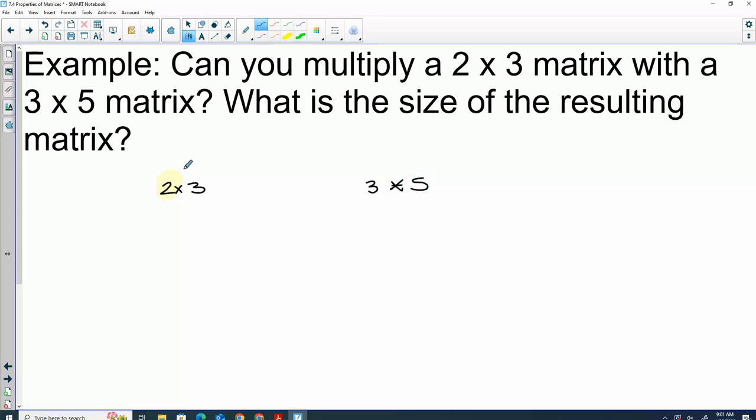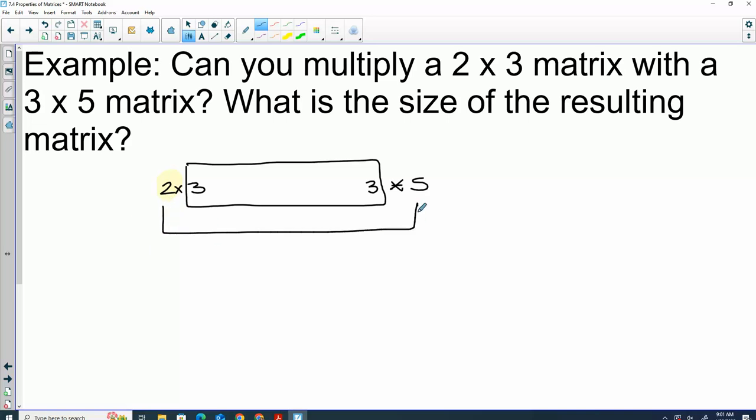If you write their sizes down, you can multiply them if these middle numbers are the same. If the columns in the first is equal to the number of rows in the second. The size of the answer will be these outside numbers. So we could multiply these because the 3's are the same. Our answer will be a 2 by 5. 2 rows and 5 columns.